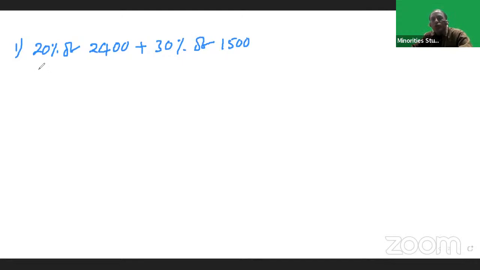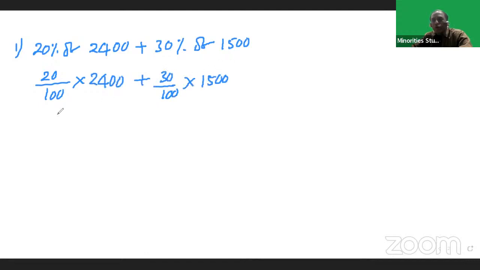20%. First convert percentage to fraction. 20% is equal to 20 by 100. "Of" means multiplication. Remember, in mathematics, "of" means multiplication. So 20 by 100 into 2400 plus 30 by 100 into 1500.